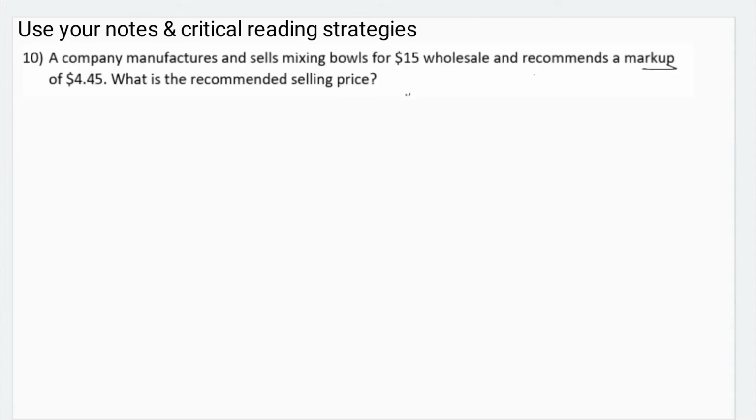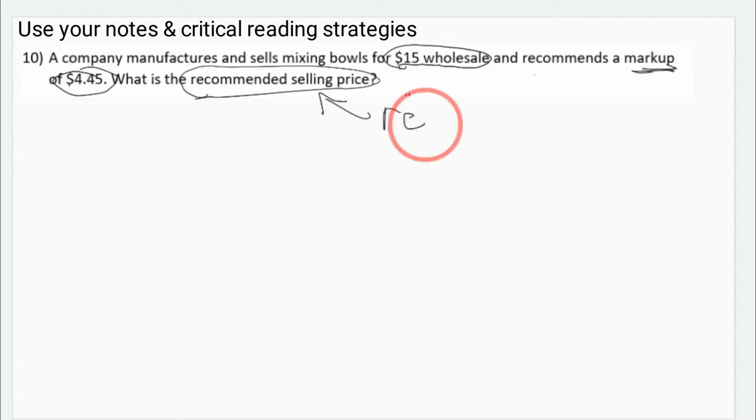Okay, number 10, a manufacturer sells bowls for $15 wholesale. Recommended markup of $4.50. What's the recommended selling price? So that's what we're selling for. Recommended selling price is the same as retail.